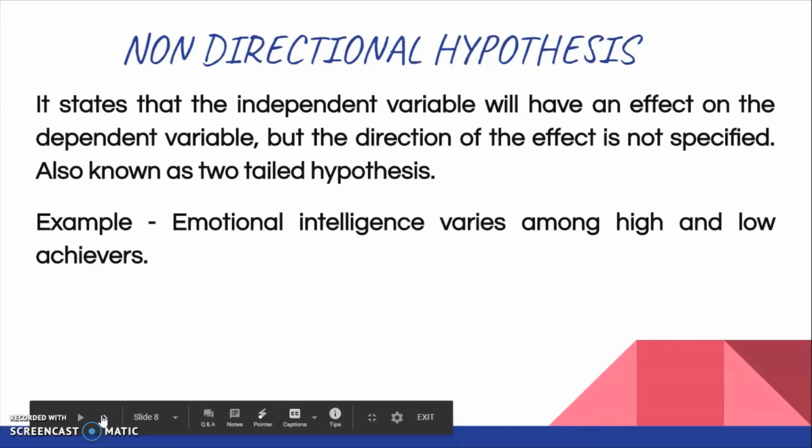So we say the direction. We say that there is a relationship, and also we say that there is a direction. When one is high, the other one is high. Or it can also be that when one is high, the other one is low. That also becomes a directional hypothesis. But in a non-directional hypothesis, what we say is that there will be a variation. Here in this case, we say that emotional intelligence varies among high and low achievers.